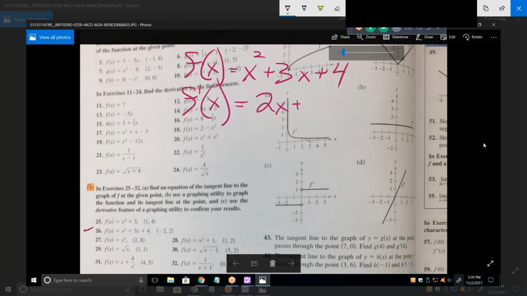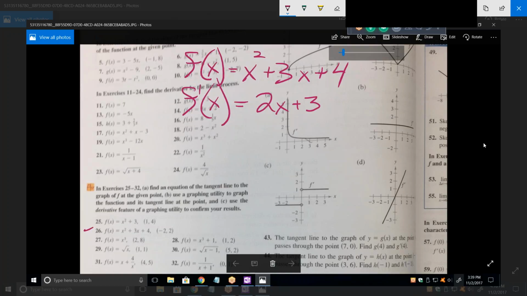You basically can differentiate each term separately. In other words, the derivative of a 3-term polynomial is the derivative of each one added to the other. Okay, so I can take the derivative of x squared and then the derivative of 3x, which is just 3. The 4 goes away. There's my derivative function.